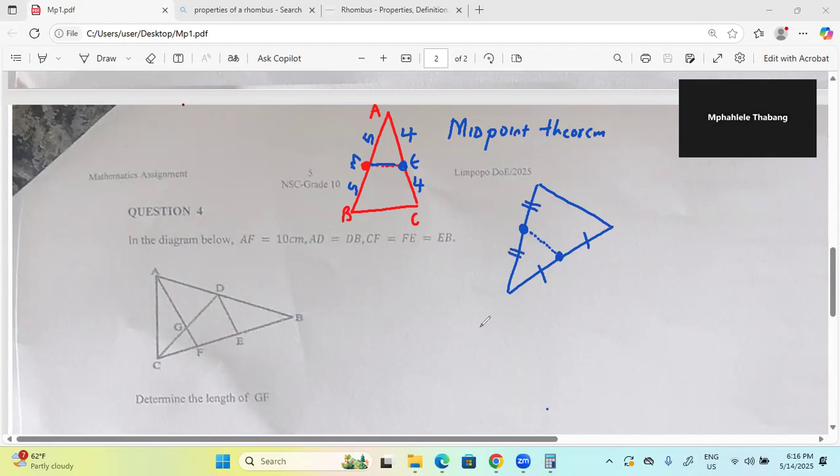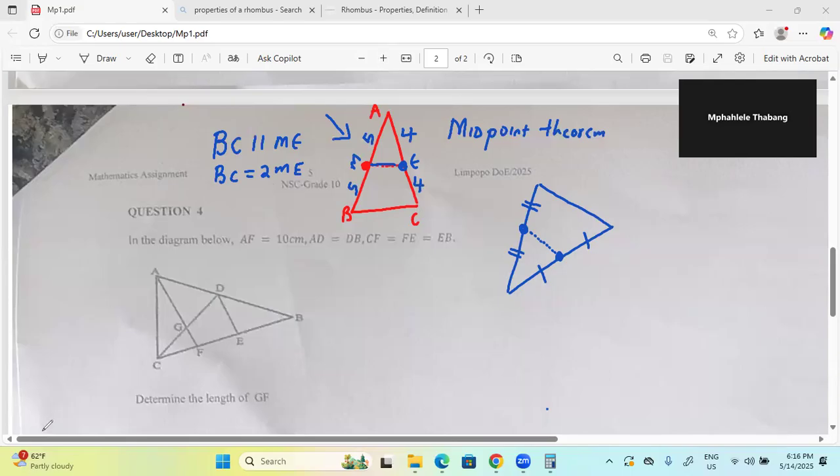So in the midpoint theorem, when you see it, you say the line BC is parallel to the line ME. And you also say BC is twice ME. I've explained the midpoint theorem. It will make things easier when we are solving the length of GF on question 4.